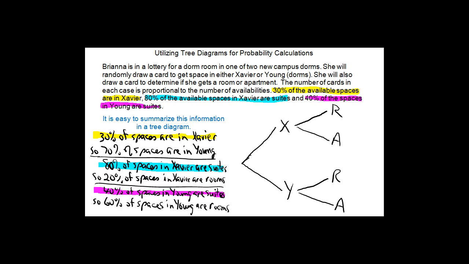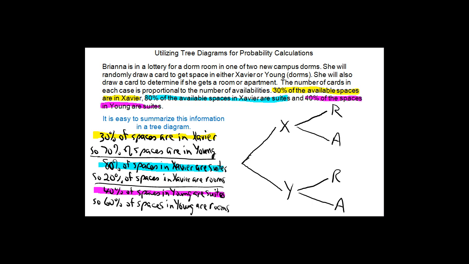Now take a moment to look at how I've gathered this information up. It says 30% of the available spaces are in Xavier. That means the other 70% are in Young. They didn't say that, but that has to be the case. They said that 80% of the available spaces in Xavier are suites. So if 80% of the spaces in Xavier are suites, that means the other 20% of spaces in Xavier must be rooms.